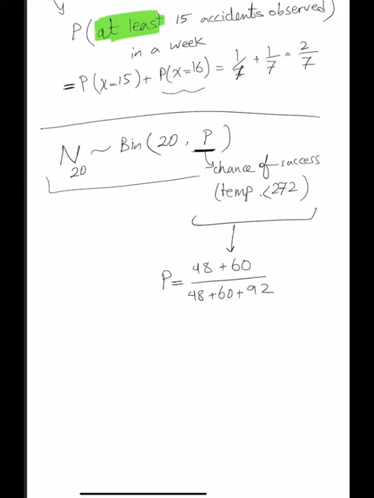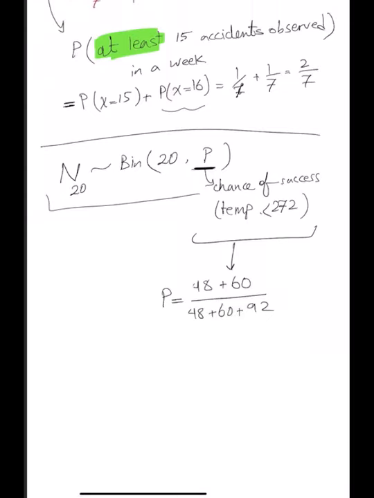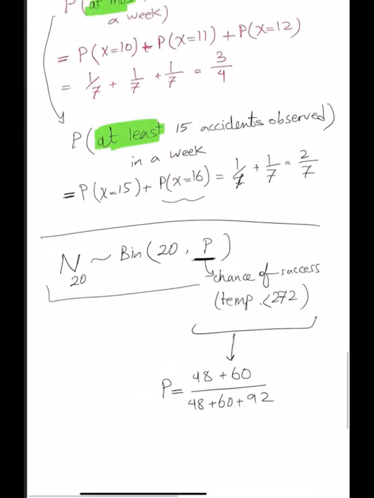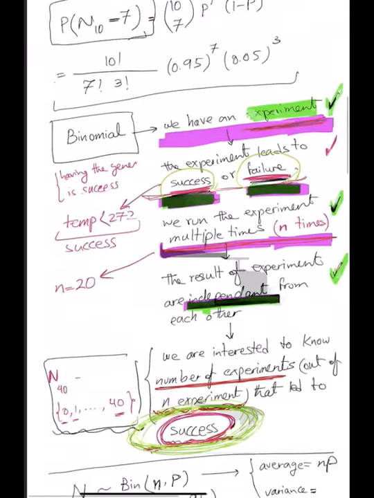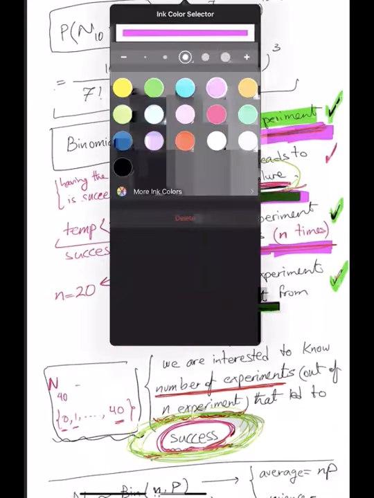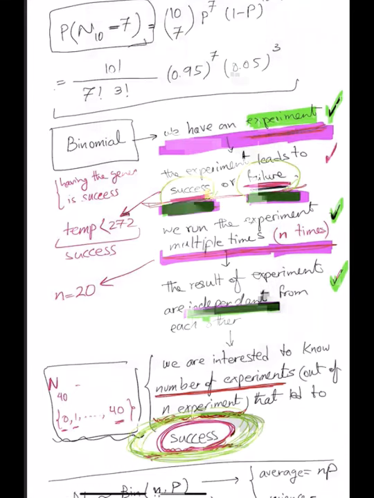Okay. So this actually was a good example in the sense that when you run these experiments, you actually get three outcomes. The temperature can be either 226, 271, 274. That's fine. You can get maybe 1,000 outcomes when you run these reactions. But in the problem statement, you have to see what is success and what is failure for you. Success means when the result of the experiment is less than 272.